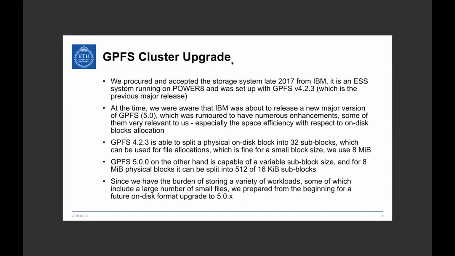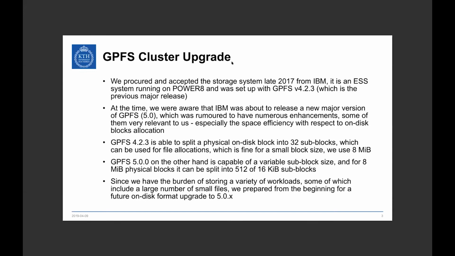Well, in our case, because we need streaming performance, we had to format the file system in 8 megabyte blocks to get most of the on-disk capacity. So that means that when we are going to get workloads which are kind of pathological in the sense that they have enormous amounts of small files, that will basically mean that we are wasting space.